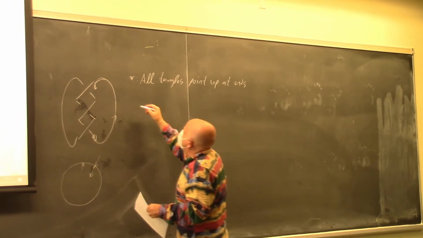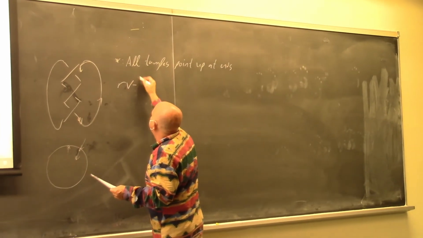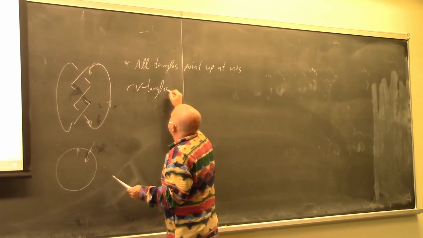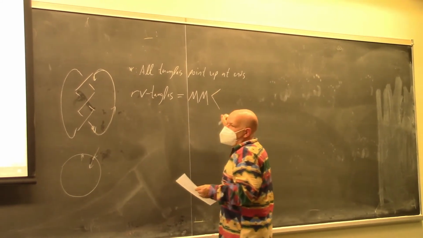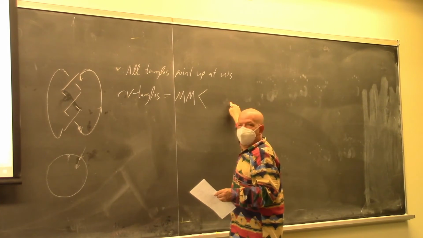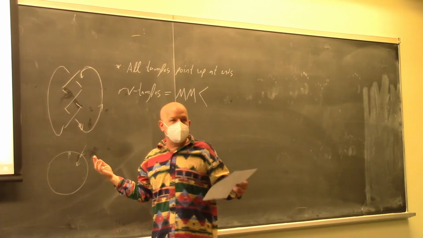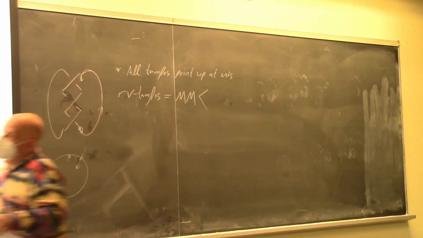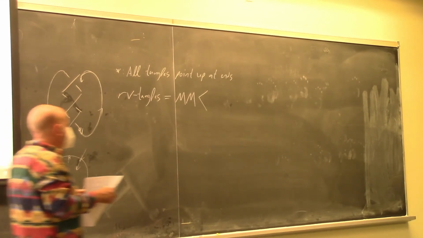Therefore, RV tangles will be the metamonoid, meaning I'm going to specify the generators, and then you will be able to relabel them as you please, and apply the identity operators and the multiplication operators as you please. Sorry, the stitching operators as you please.